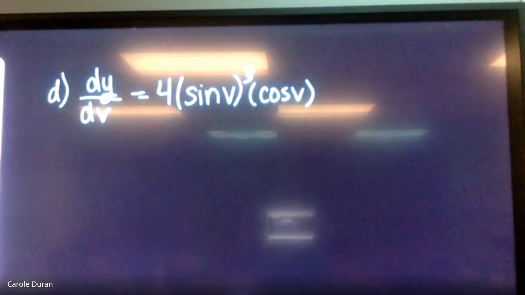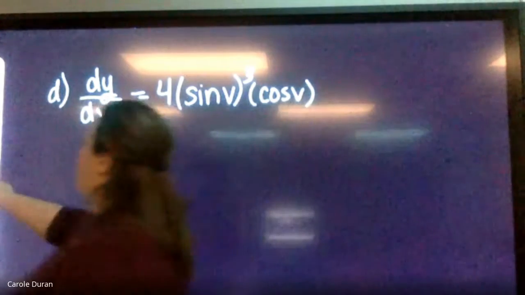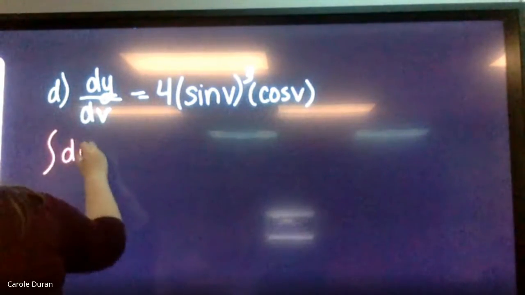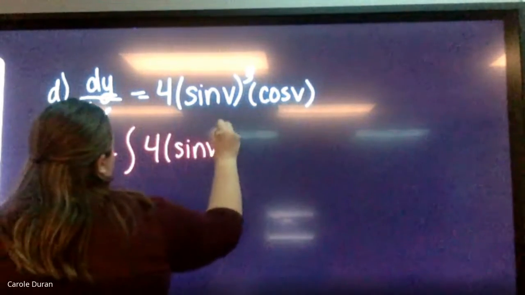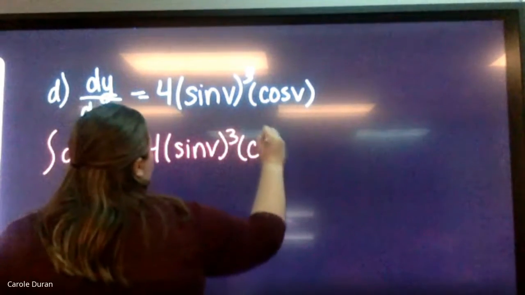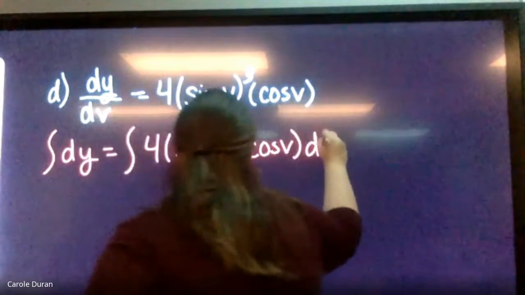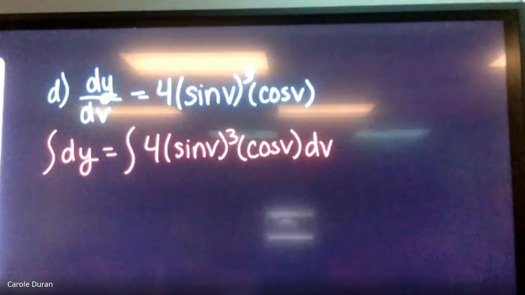So when I'm given the derivative like this, I go ahead and rewrite it as an integral. So this is equal to the integral of dy equal to the integral of 4 sine v cubed times cosine of v dv. And then I can start to anti-differentiate. Why do you have to write it like that?